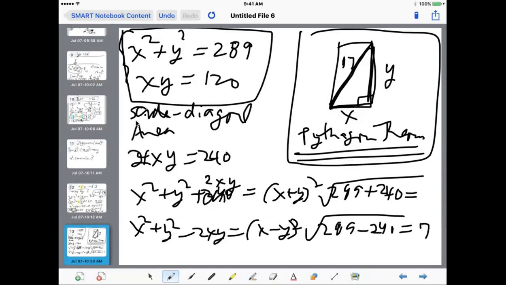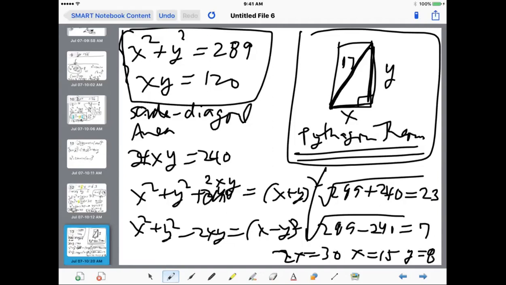And 289 plus 240 is 529, and the square root of 529 is 23. And then when you add those together, you get 2x equals 30, or x equals 15, which makes y equal to 8.